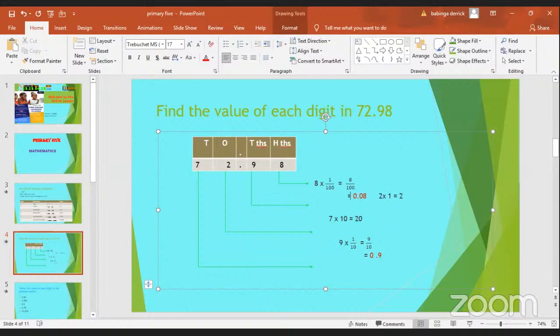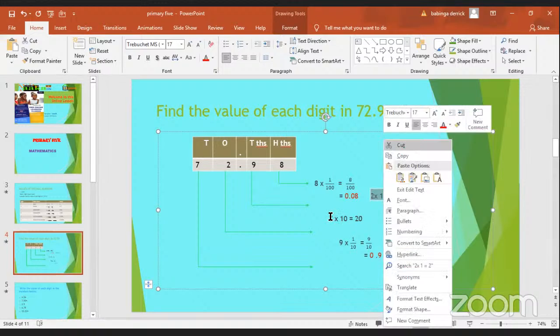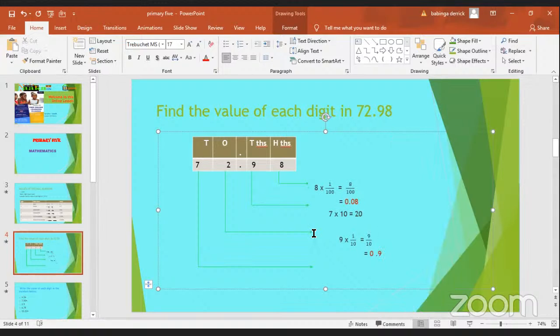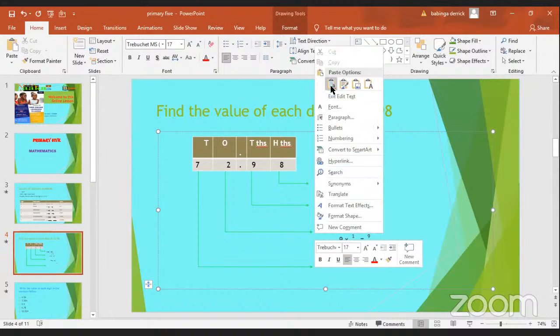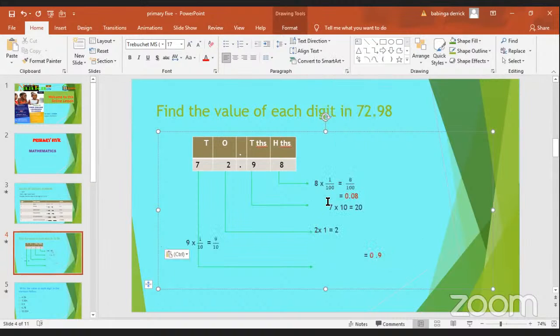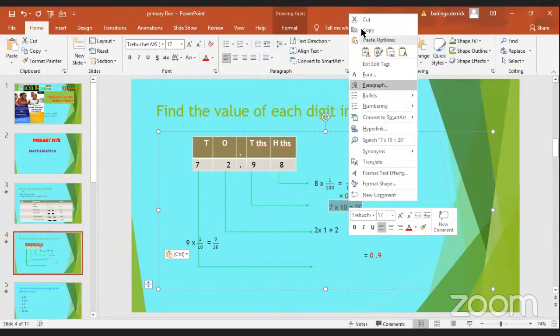A pen can do it well, as long as you're neat, because mathematics requires a little bit of neatness. When you are neat, you can do something good. I believe that, and I hope you believe the same. As long as you have a pen, a ruler, and you are neat, you can do something good. So it doesn't matter what you use to draw this table.